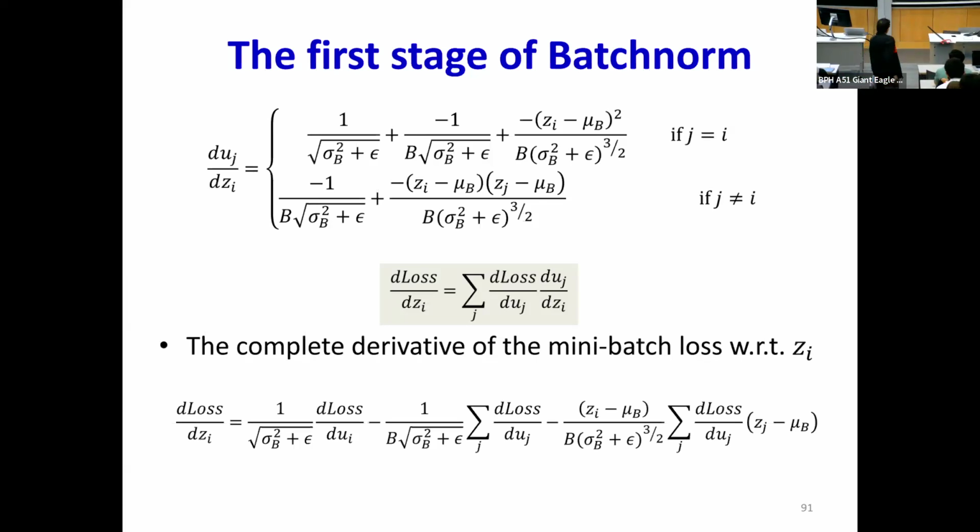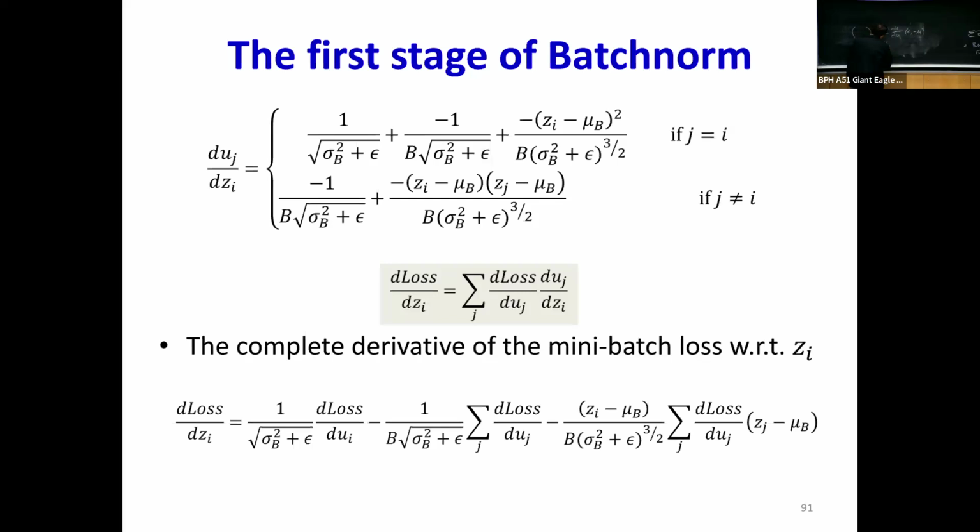What about the third term? What does the third term look like? For the third term again, I can write a summation. There's a whole bunch of blah outside, and then there's a summation of d loss over duj times zj minus mu, right? But d loss over duj is the same for all the j's. So this comes out.